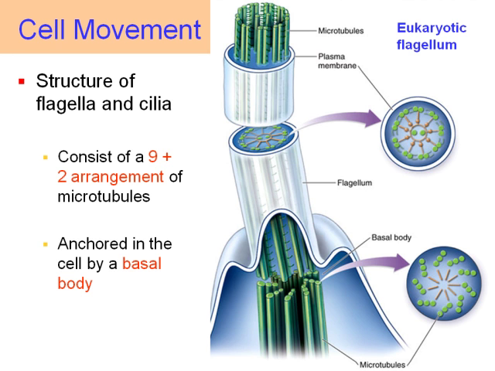The flagellum itself, however, is going to have a slightly different arrangement of microtubules. Rather than the basal body, which is going to have triplets, the flagellum itself is going to have what's called a 9+2 arrangement.